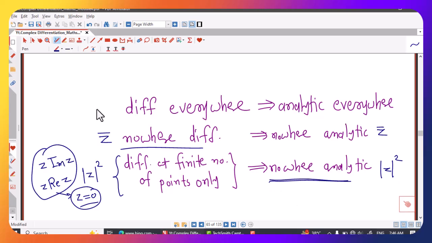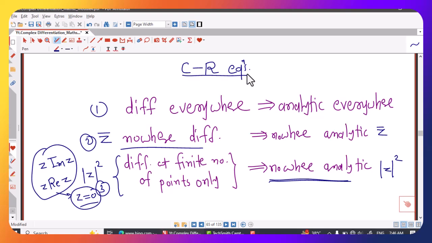So using these three simple remarks, you will be able to determine the number of points at which a given function is analytic. All you have to remember is that first we have to find the points at which CR equations are satisfied, and at the points at which CR equations are not satisfied, the function is never differentiable, and therefore it is never analytic at those points.